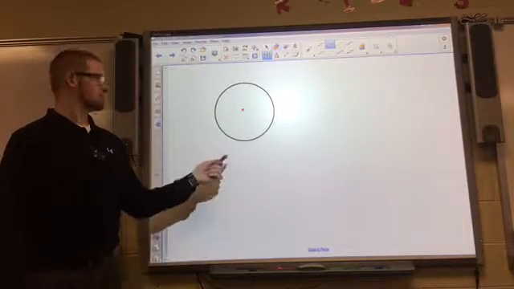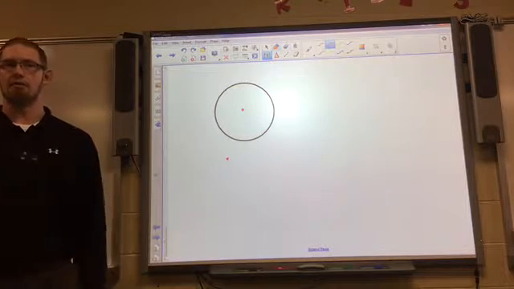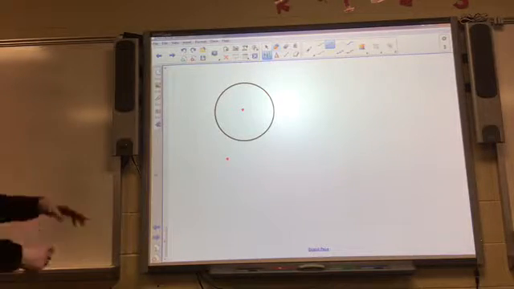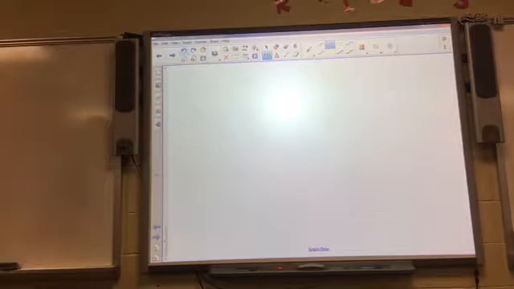Inside. Exterior is outside. The exact definitions say the interior of a circle consists of the points that are inside the circle, and the exterior of a circle consists of the points outside the circle. Again, I think you guys are all bright enough to know that, right? Okay, so we're going to bypass that.